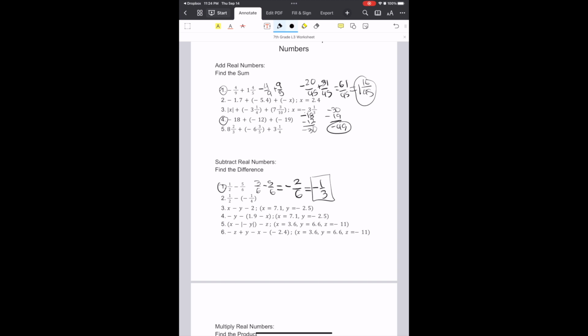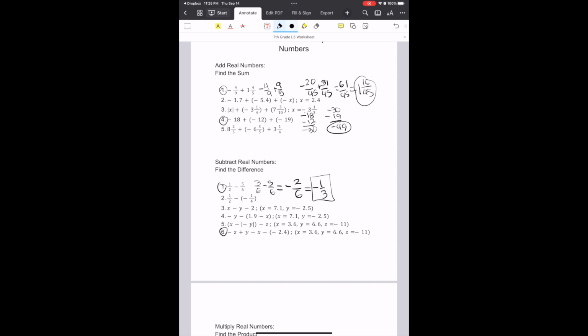Alright, now let's do number 6. Negative z plus y minus x minus negative 2.4. So x is equal to 3.6, y is equal to 6.6, and z is equal to negative 11. So first you're going to want to plug in the values into each variable.